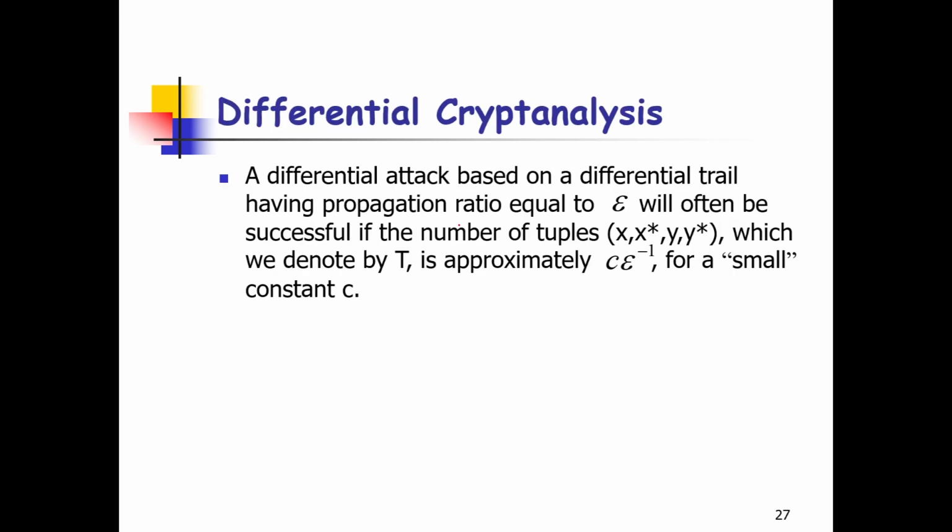So, a differential attack is based on the differential trial. Here the differential trial is necessary. Having a propagation ratio equal to epsilon will often be successful if the number of the tuples x, x star, y, y star, which we denote by T, is approximately c epsilon inverse for a small constant c.